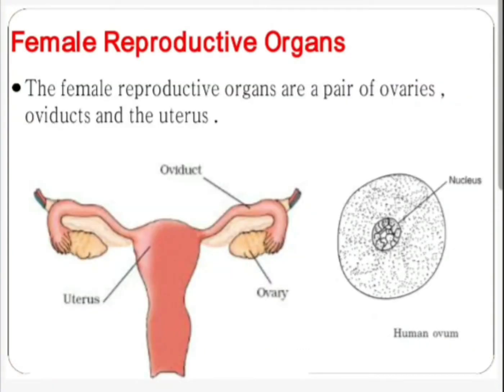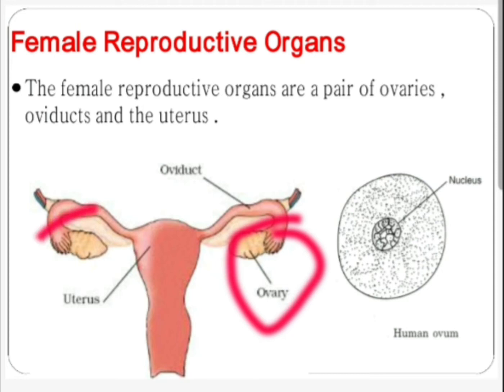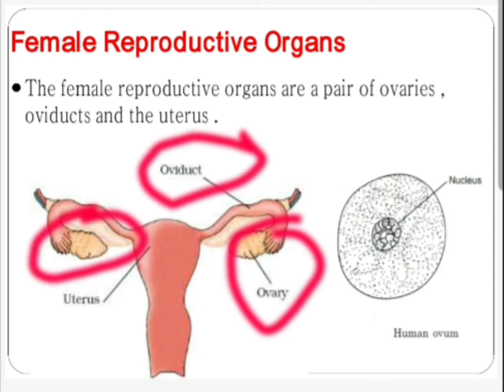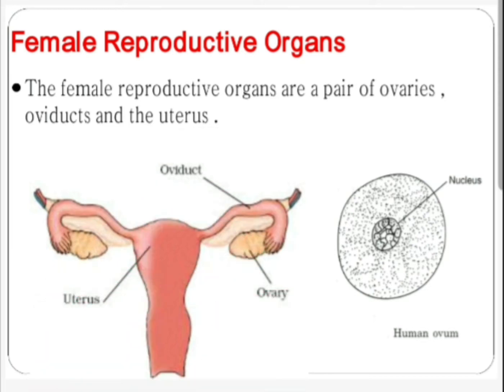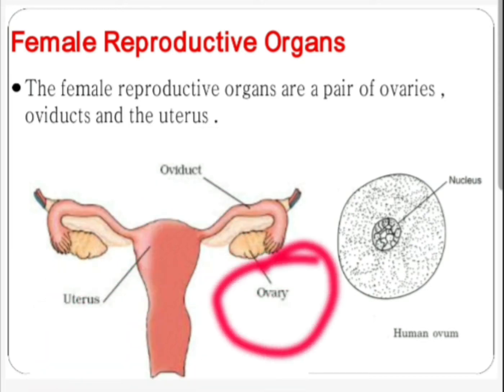Next point is female reproductive organs. The female reproductive organs are a pair of ovaries, oviduct, and uterus. The ovary produces female gametes called eggs.